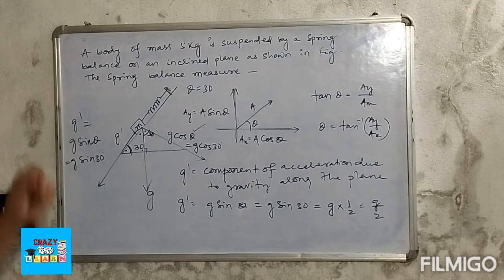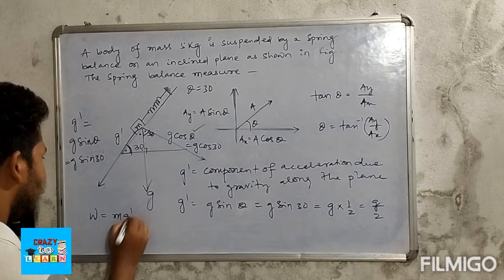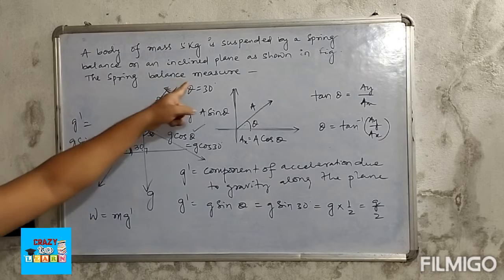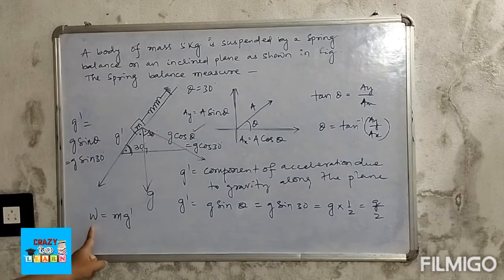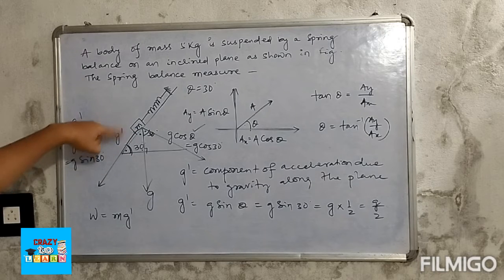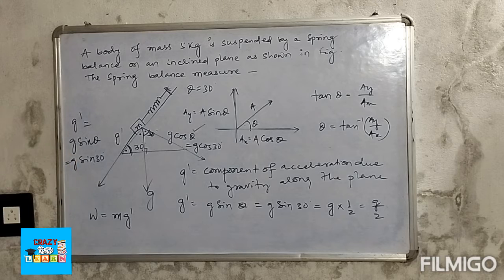Then the spring balance will measure the weight W, which is equal to m into g dash. The spring balance measures the weight. The weight W is equal to m into g dash. We take g as g dash because it is the component of acceleration due to gravity along the plane. So W is equal to m g dash.